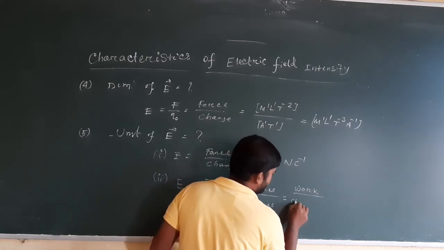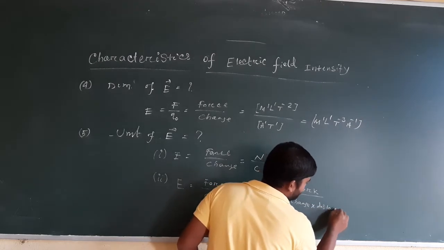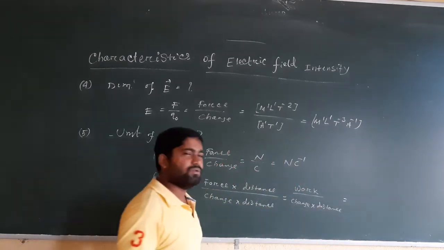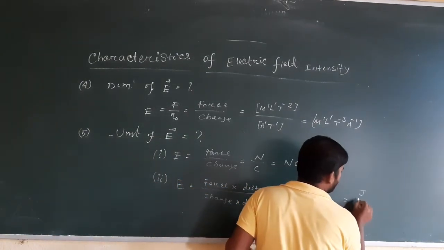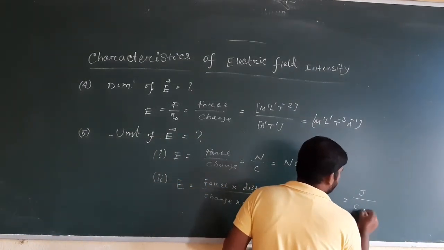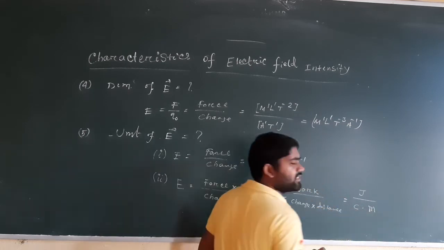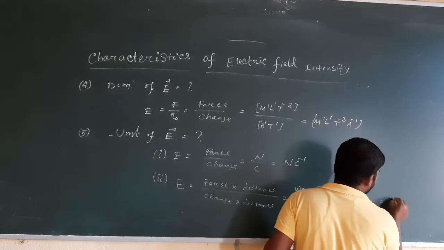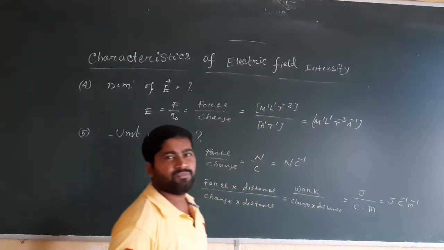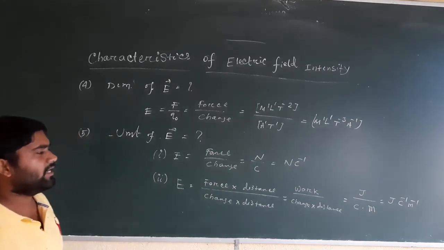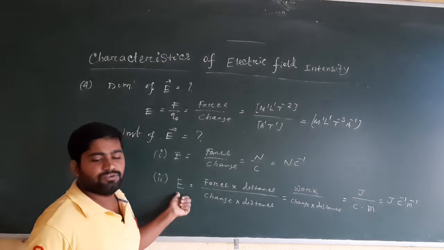Everyone knows the unit of work is joule, divided by coulomb into meter. The unit of distance is meter. So the unit is joule coulomb inverse meter inverse, J C inverse m inverse, which is also a unit of electric field.